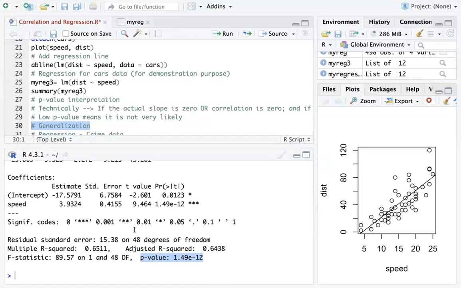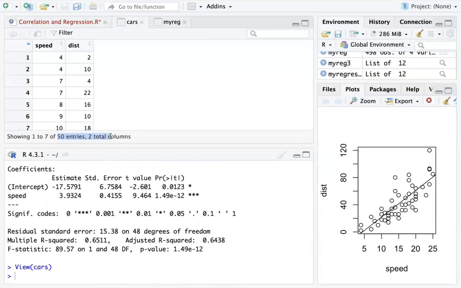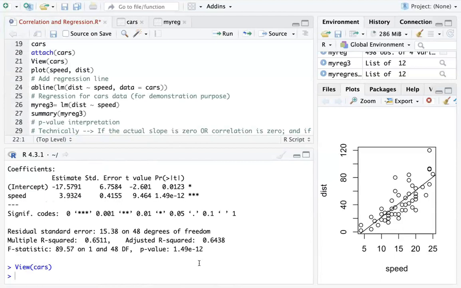Now, this is an important point. You see that in this data, we have 50 observations. The p-value means that although the relationship between speed and distance to stop the car is about 64.38%, we can also say that the same phenomenon will be observed in the broader population.